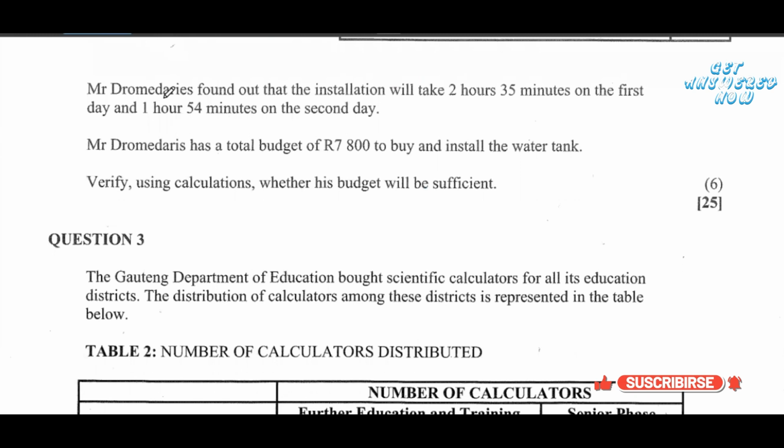Mr. Jeremy found out that the installation would take 2 hours 35 minutes on the first day and 1 hour 54 minutes on the second day. That means it's going to take 2 days to install this tank.